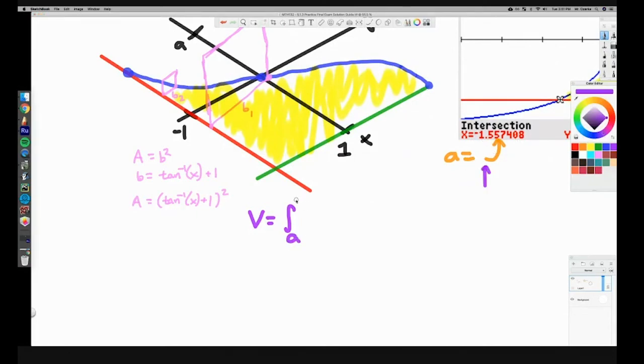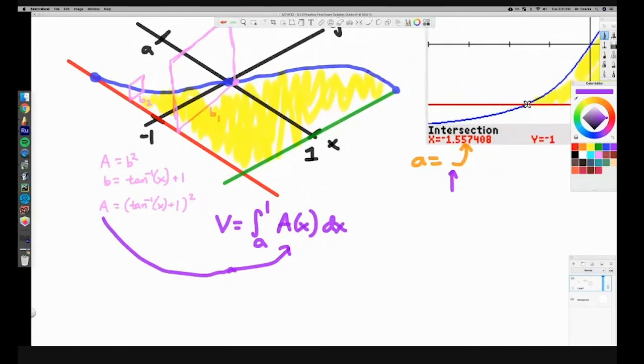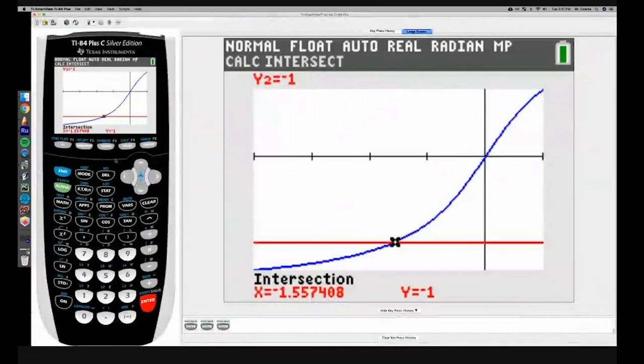I'm just being lazy. To 1 of A of x, which is this right here, dx. Okay, I'm going to throw this whole thing in my calculator because it's the only way to really do that. You can't find this antiderivative. Okay, impossible. Unless you know something I don't.